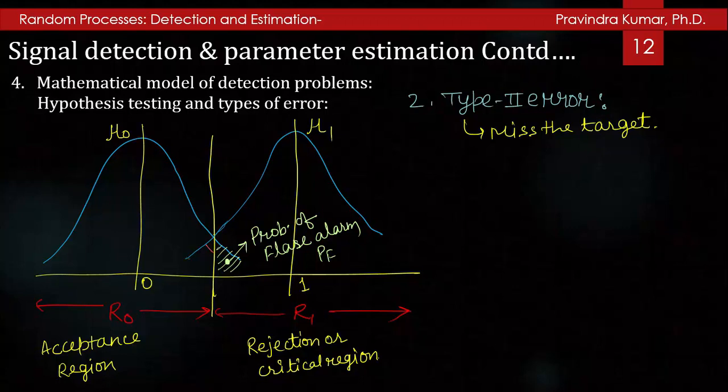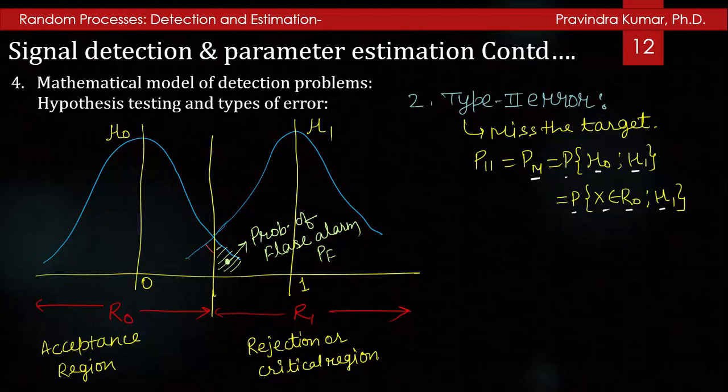The probability of this second type of error is P second, or probability of miss, equal to the probability of deciding in favor of H0 when H1 was true, that is the probability that the observed data belongs to R0 when H1 is true, and this shaded region shows the probability of missing the target.